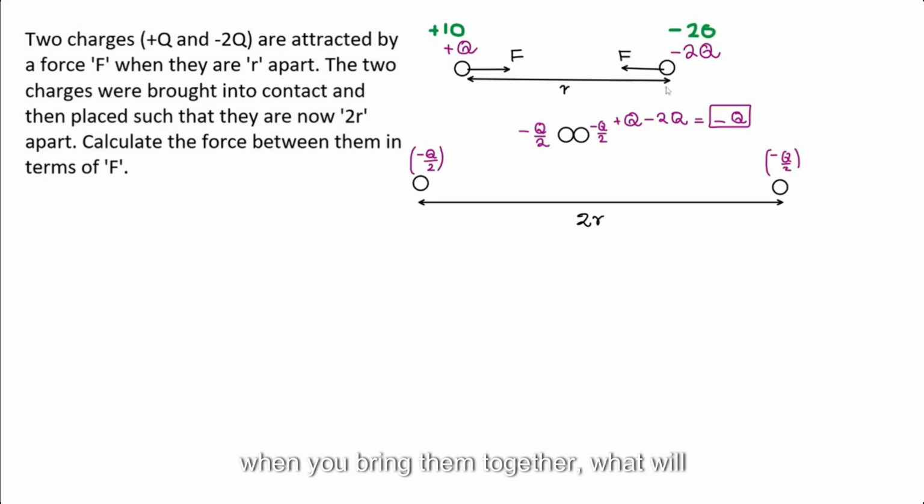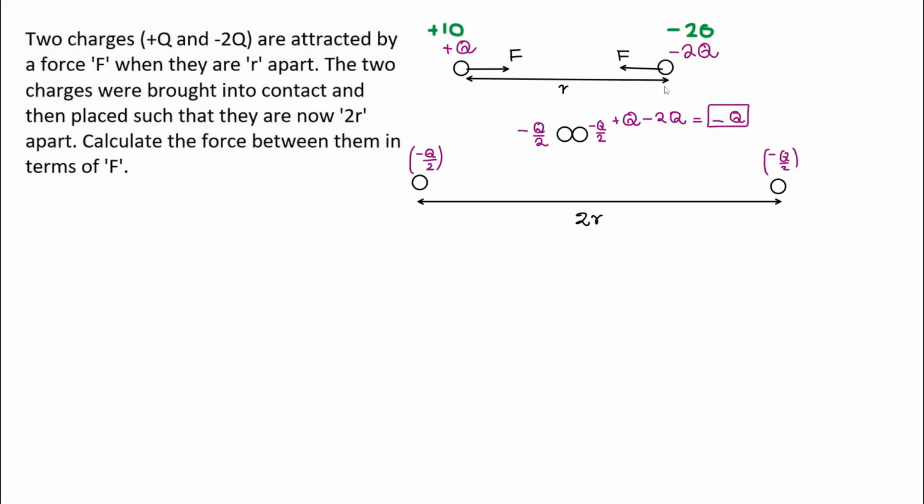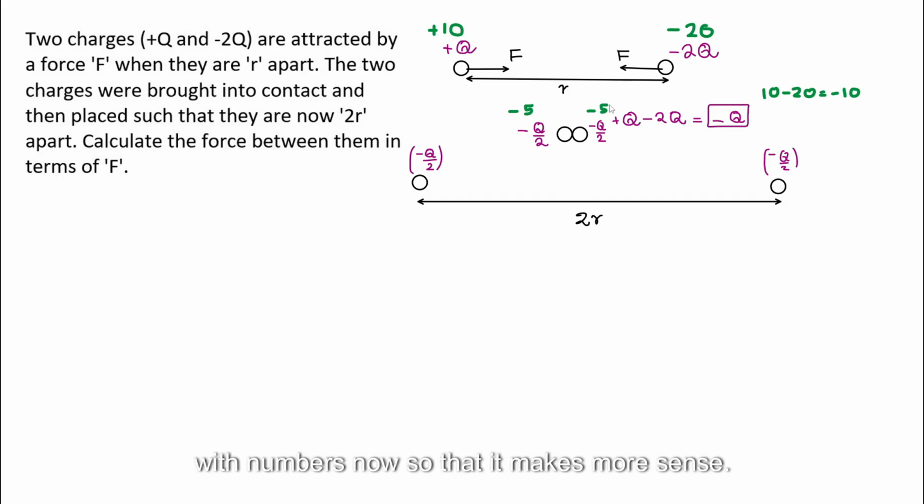Now, when you bring them together, what will happen? 10 take away 20. So the overall charge left is negative 10, but that's for both of them. So this will get half of that, and this will get the other half. So we did the same thing with numbers now, so that it makes more sense.